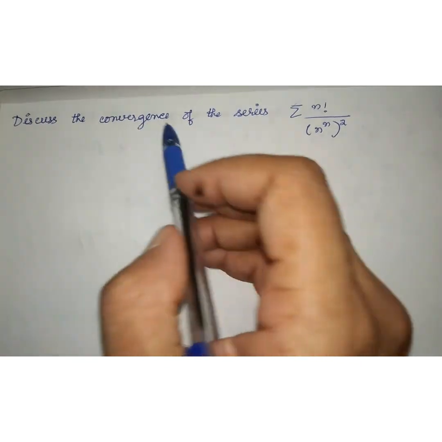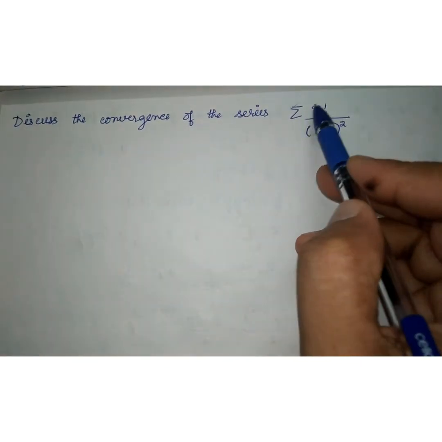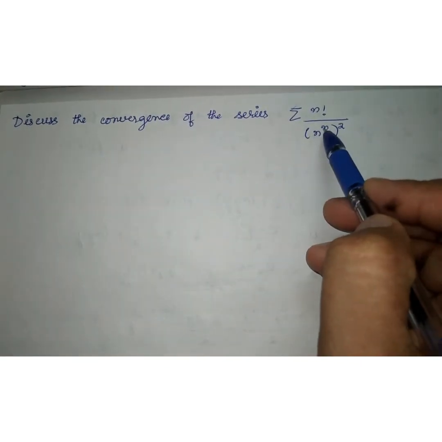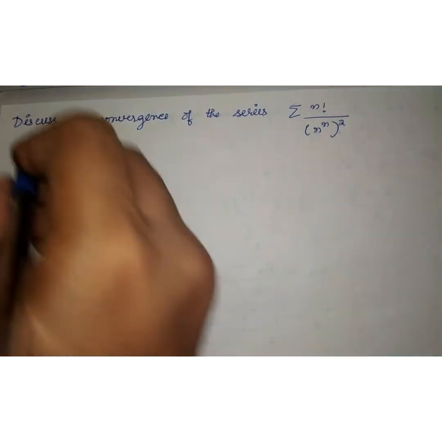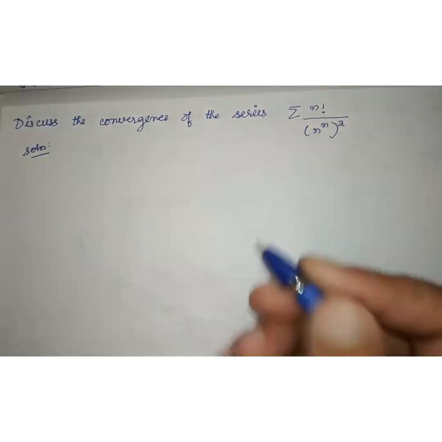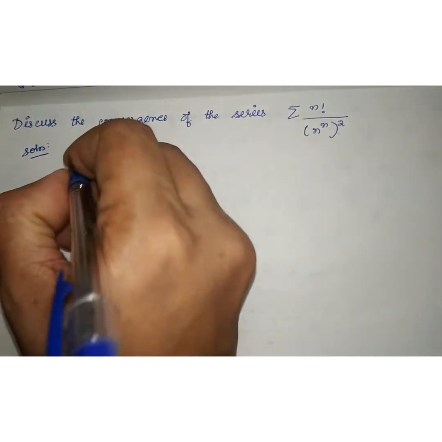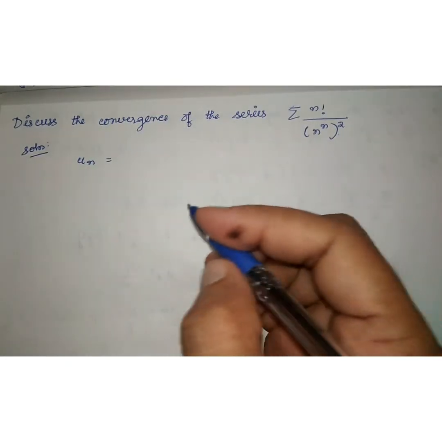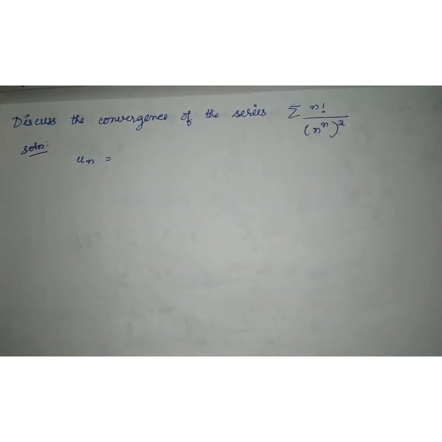Let us discuss the convergence of the series summation n factorial by n to the power n whole square. So here we will be using D'Alembert's ratio test. For that we need un and un plus 1 values. So what is un?